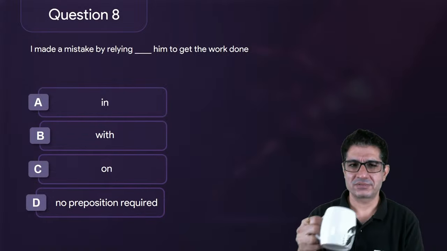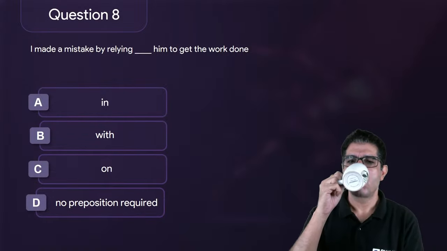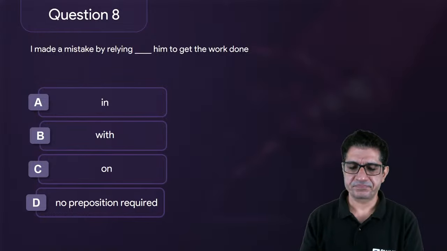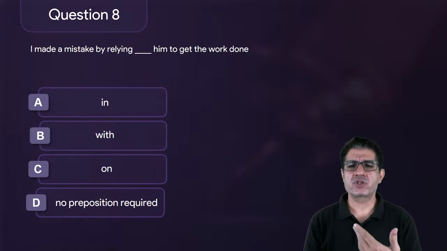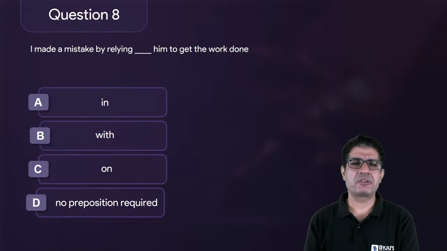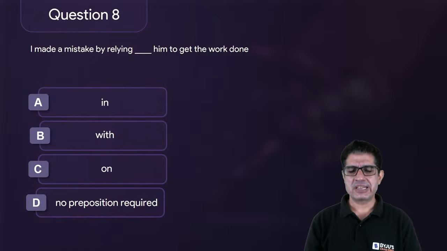This should be easy. Even if you use English not that frequently in your life, there's a very commonly occurring structure, and I hope you'd get this right. Yeah, absolutely correct, guys.